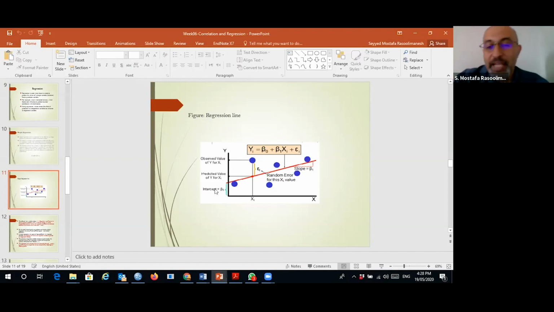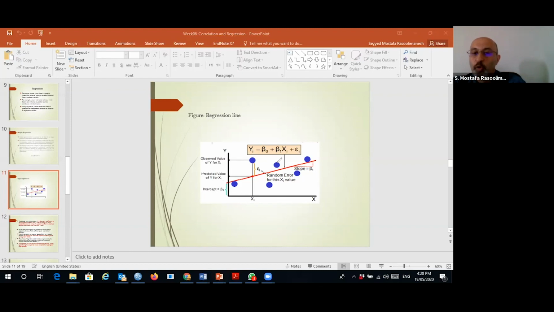So based on this figure, we have two axes, X and Y, and we have some blue dots, right? Blue dots are our sample, our data, our cases.